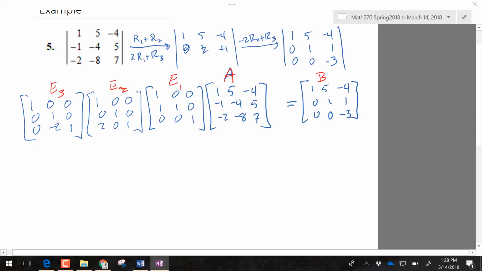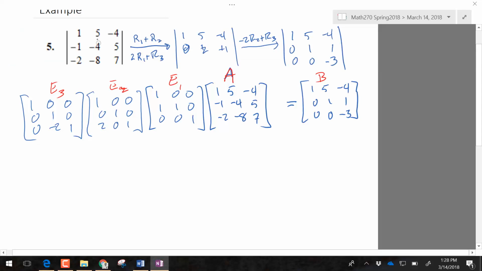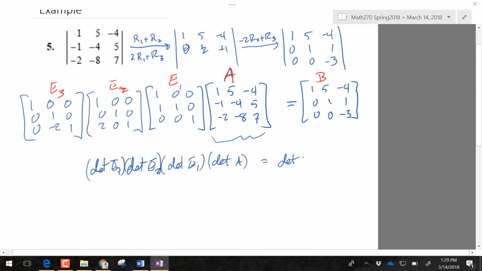Okay. So if you want the determinant of A, according to that new theorem that we just got, this should be equal to the determinant of E1, determinant of E2, determinant of E3, times the determinant of B, right?